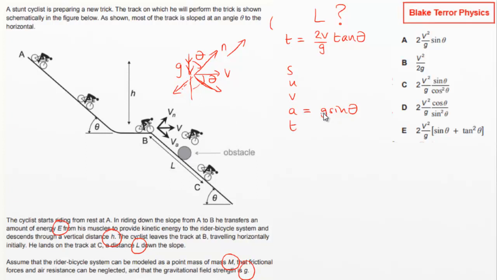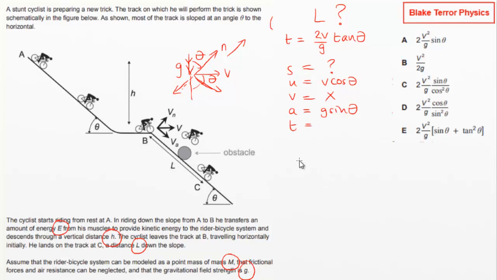So it's going to be a positive acceleration. Our initial velocity was our v cos theta. We need to find out what s is. Again, we don't care about v, and we know what t is. I've written it at the top.